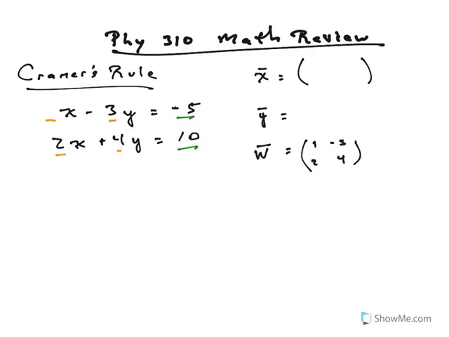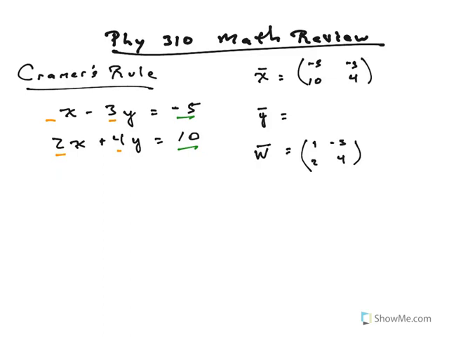All the other elements stay the same as the W. So in this case, there's the x stuff and the y stuff. If I'm looking at the x matrix, the y stuff stays the same as the W. So I could just write those in now. Negative 3 and 4. Those don't change. But since I'm looking at the x matrix, the x elements, the left column, I don't put the coefficients from my equations. Instead, I write whatever the answers are to my equations. And so that is -5 and 10.